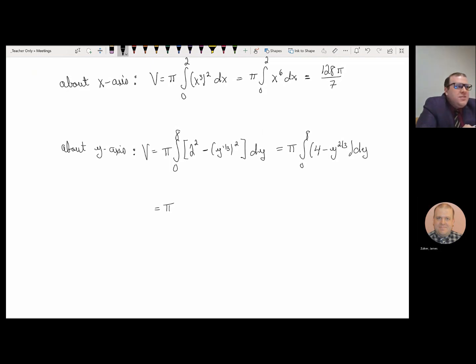Well, that first one is easy. 4 times the length of the interval. Length of 0 to 8 is just 8. Minus, add 1 to 2/3, 5/3. 3/5 pi.